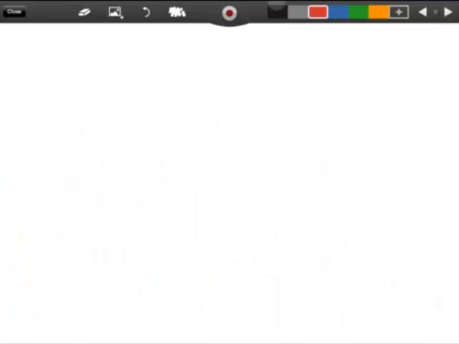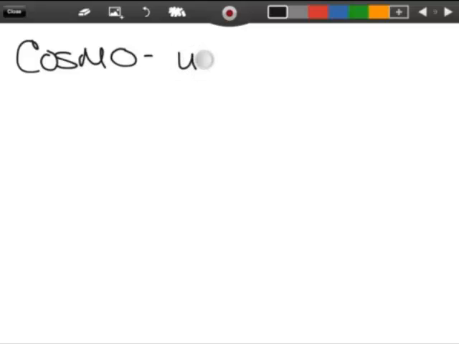Moving on to our next root is Cosmo. Sorry about that. Let me just switch colors. Is Cosmo. And Cosmo means universe. I'm going to give you two examples. First example is cosmonaut.